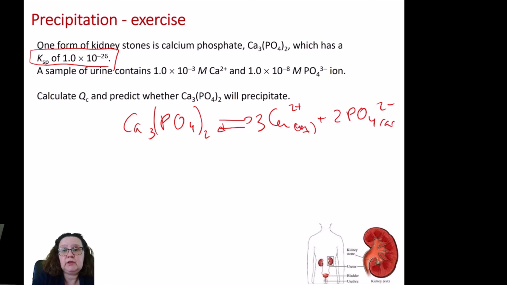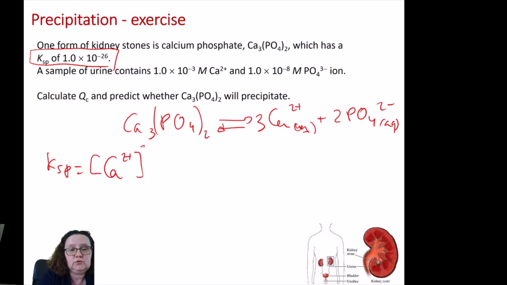The next step is to write an expression for Ksp from the stoichiometry of the reaction. So it would be the concentration of calcium 2+ ions to the power of 3, because that's the stoichiometric coefficient, times the concentration of the phosphate anions to the power of 2.